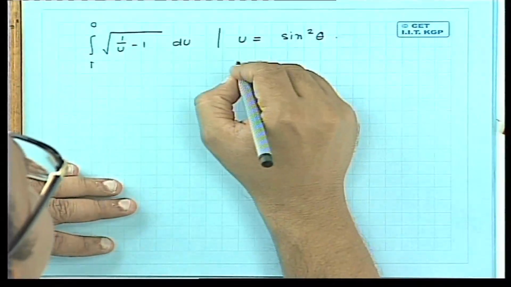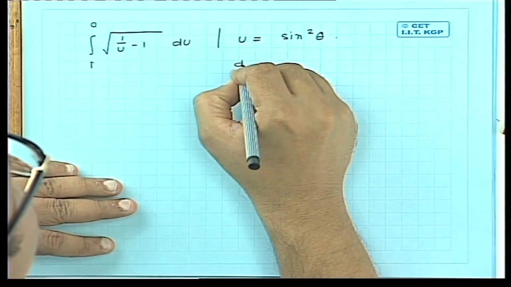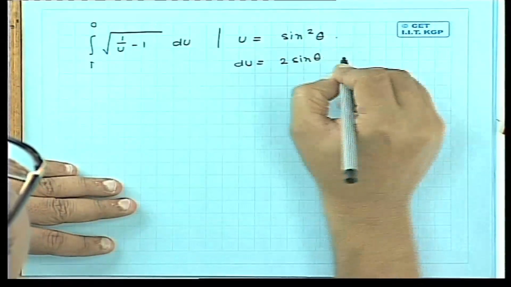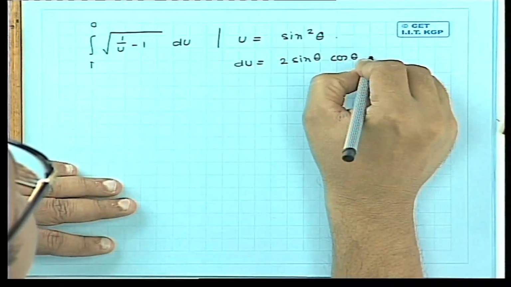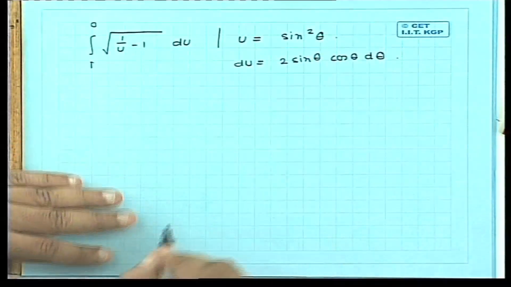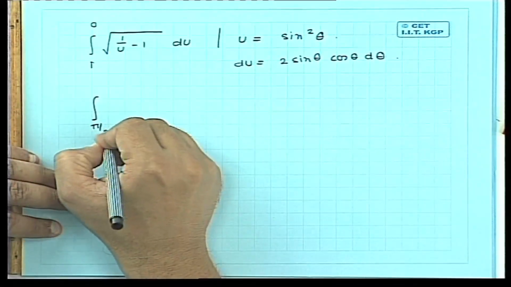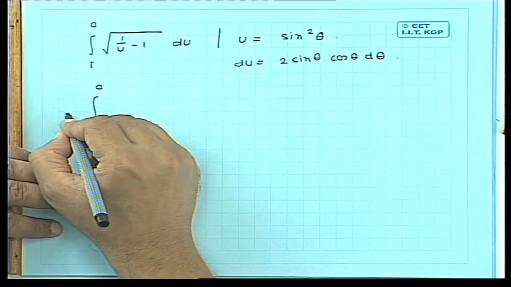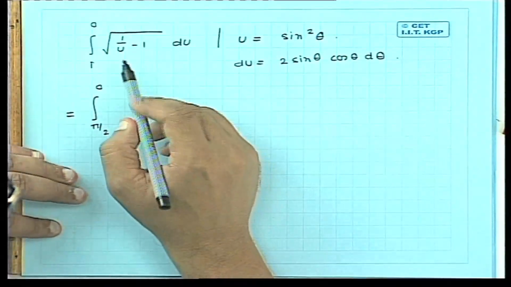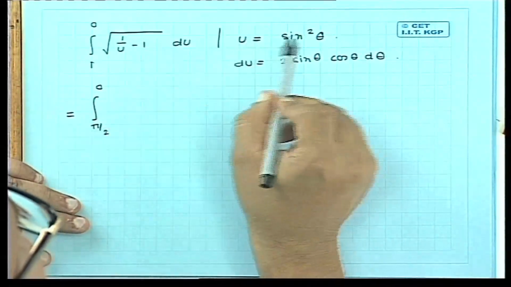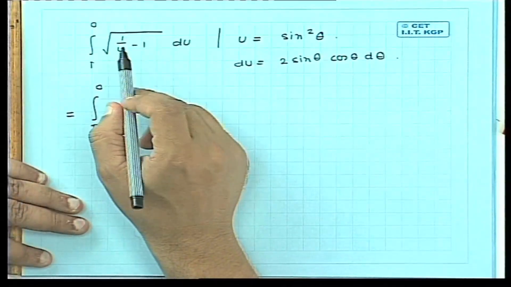If u is sine square theta, then du is 2 sine theta cos theta d theta, and this integral becomes pi by 2 to 0. On top, the numerator, I have 1 minus sine square theta, which is cos theta.